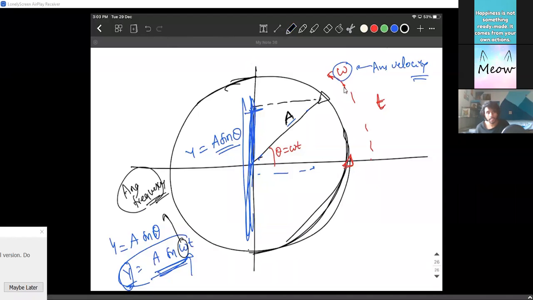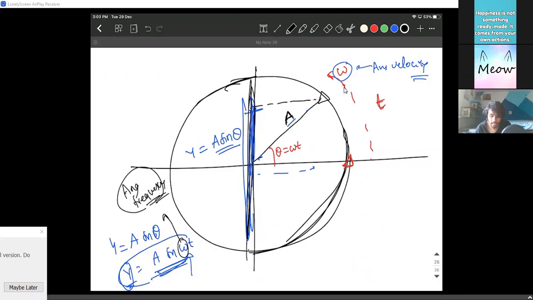Now, what does this mean? It really doesn't mean anything. For the baby, which is just going in SHM, there is no such thing as angle. The body is not projecting any angle or going in an angular velocity. There is nothing angular about the oscillation of the SHM particle. It is just the mummy which is representing this with the same angular velocity.